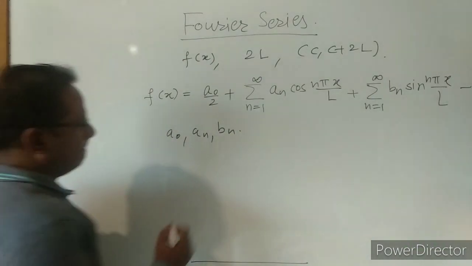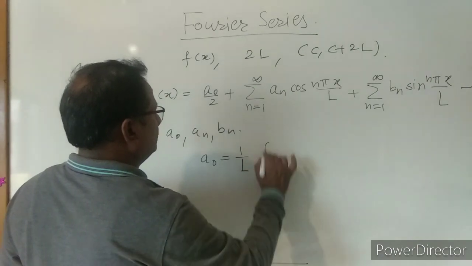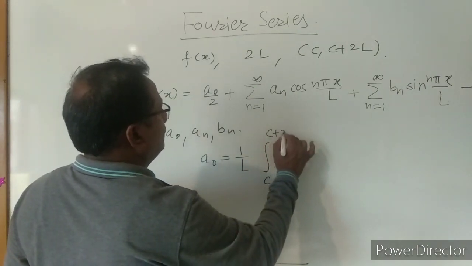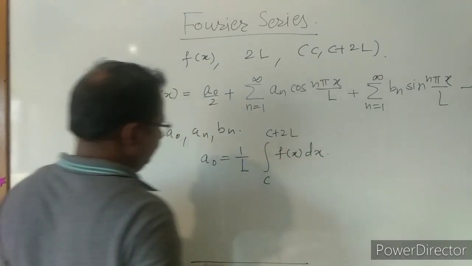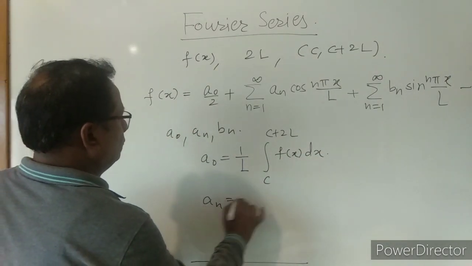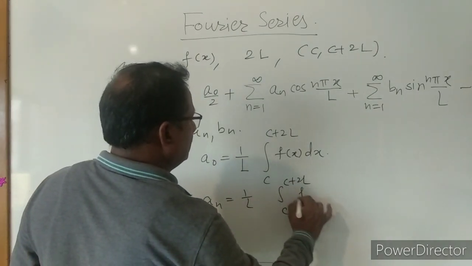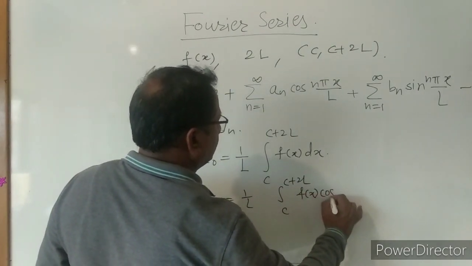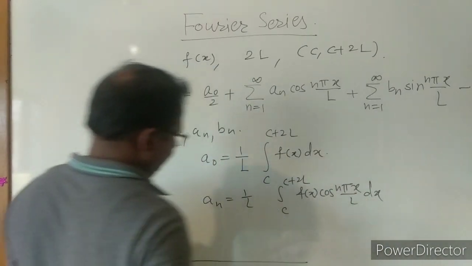a0 equals 1 upon L integral c to c plus 2L f of x dx. An is 1 upon L integral c to c plus 2L f of x into cos n pi x upon L into dx.